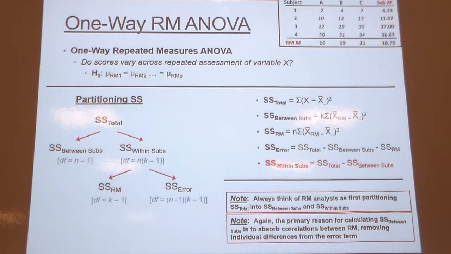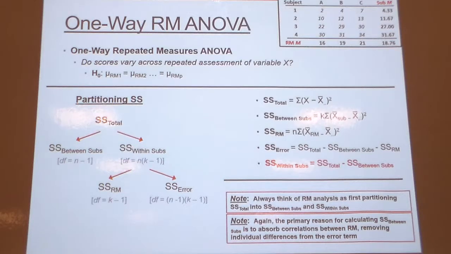Then what we have here is the mean across each person's individual scores. For individual one, this is their mean across treatment A, B, and C, and likewise for each of the others. This is our between: the average score of treatment A, average score of treatment B, average score of treatment C, and this is our grand mean right here.